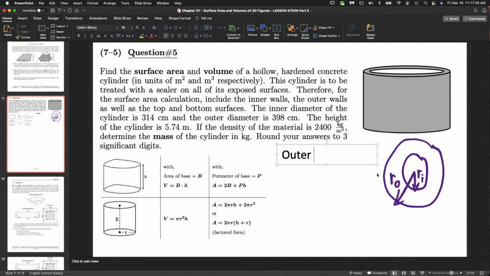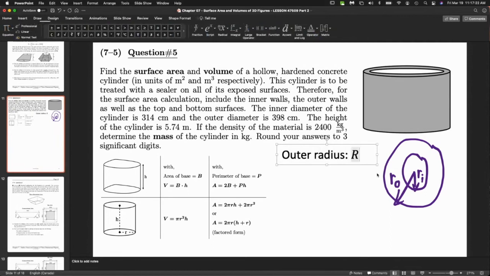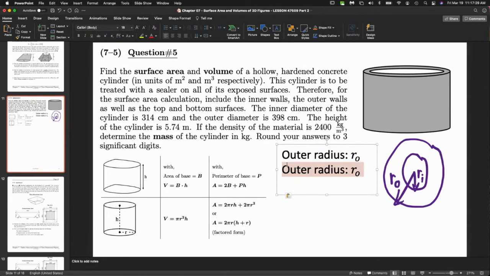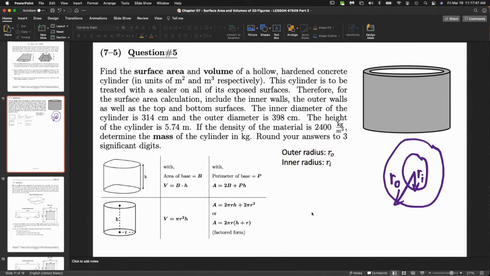The outer radius and the inner radius. So these are just a couple of definitions that are going to assist us with this question.